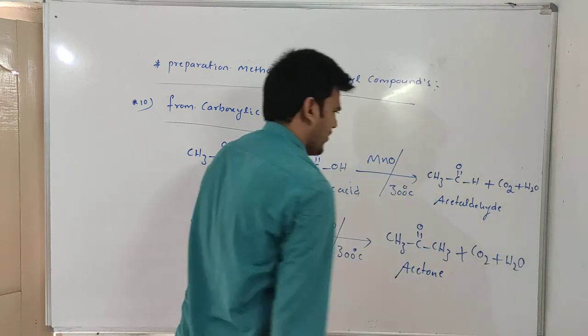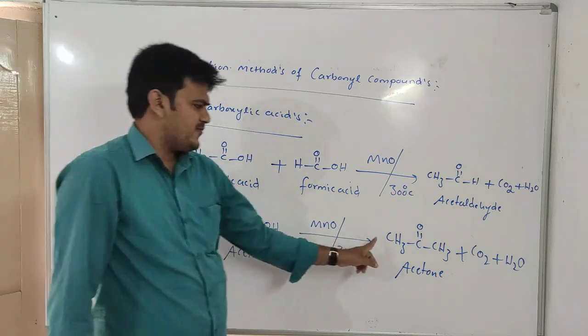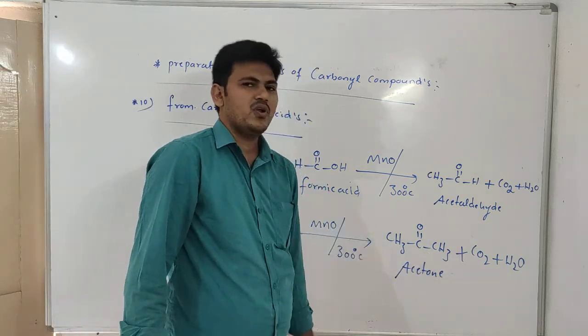First of all, total carbon atoms: 2 into 2, 4, and on the other side 1, 2, 3 plus 1, 4 carbon atoms.